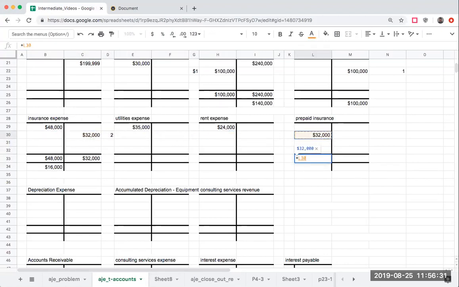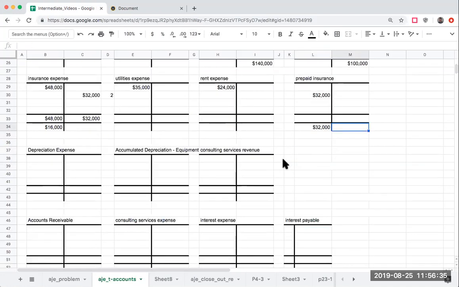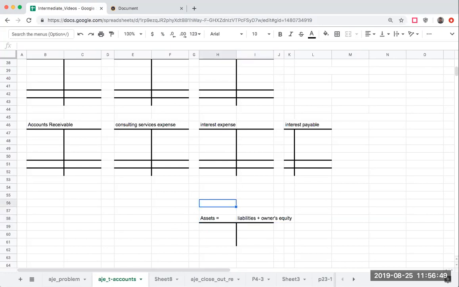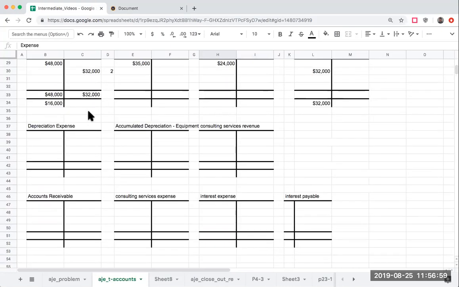Okay, so I know some of you might be saying, hey, Tchaikovsky, I thought with your rule of accounting, assets equals liabilities plus owner's equity, debit, credit, expense, revenue, why are you crediting an expense?